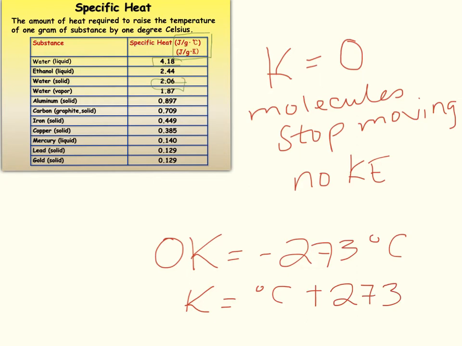So we are familiar with 0 degrees Celsius being the freezing point of water. In Kelvin, the freezing point of water is 273 Kelvin, because with Kelvin, 0 has a different meaning. So degrees Celsius are 273 degrees bigger than Kelvin.